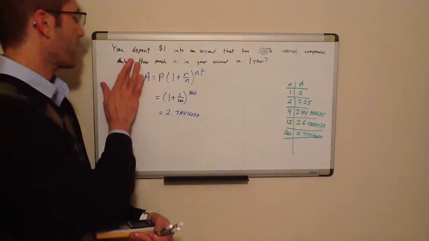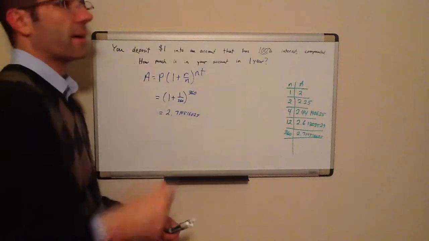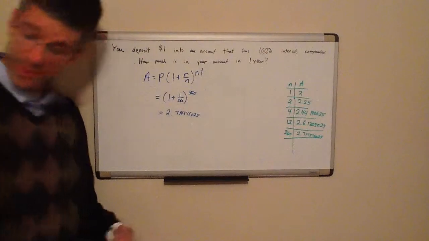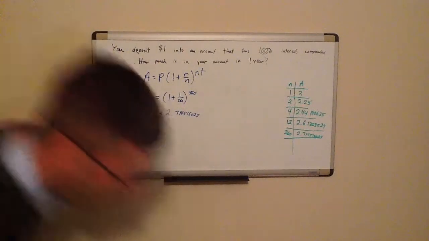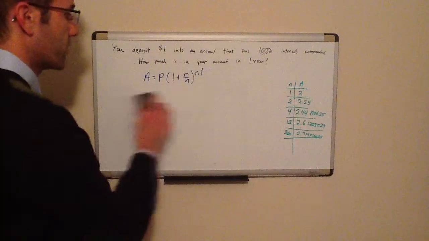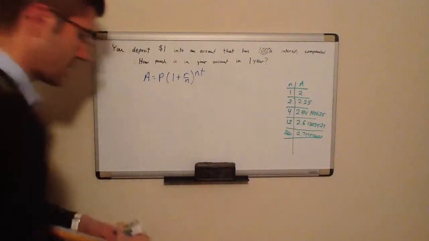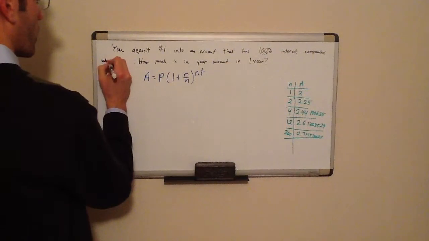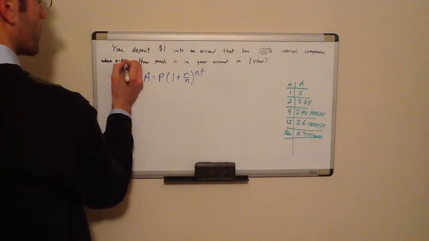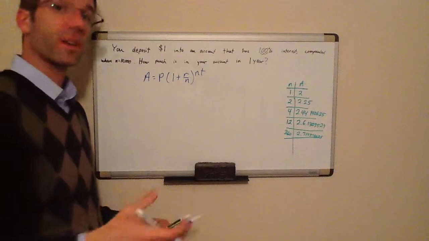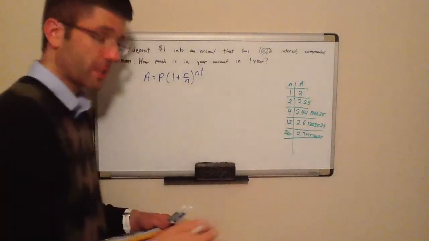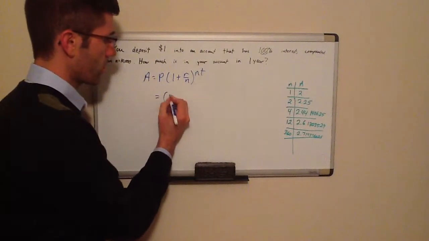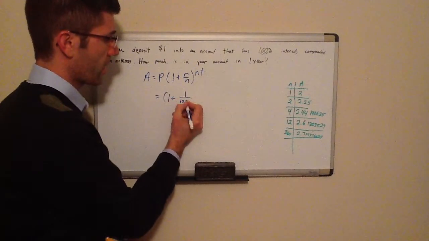Okay, I'm going to go real crazy on this, and say that you open an account and it compounds your interest 10,000 times a year. So it's not quite continuous, but it sure is a whole lot more than daily. So if n equals 10,000, now we're plugging in an enormous value, and we should be able to see what it's really approaching. P is still 1, so 1 plus 1 over 10,000.